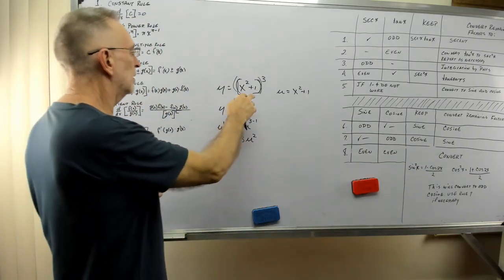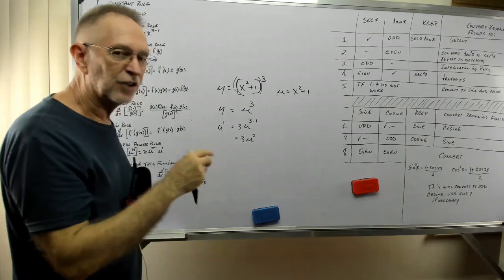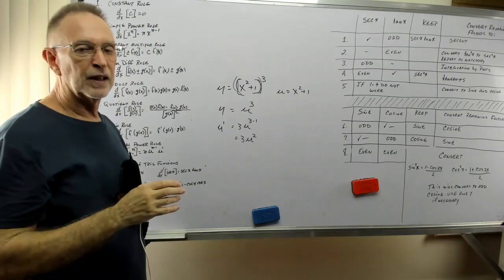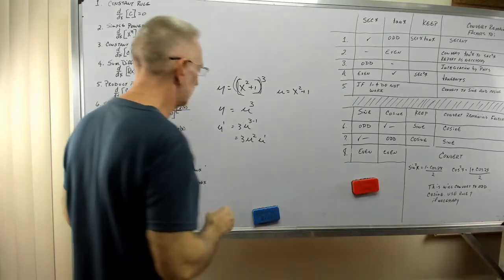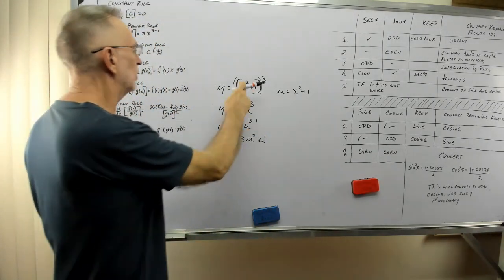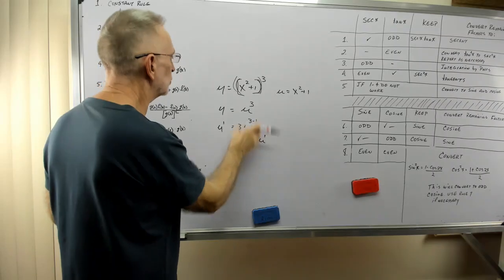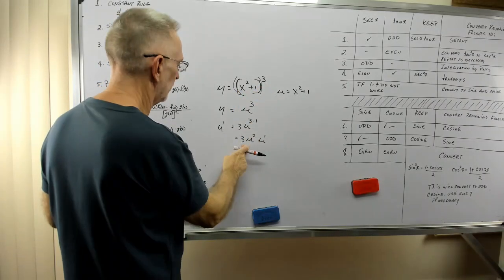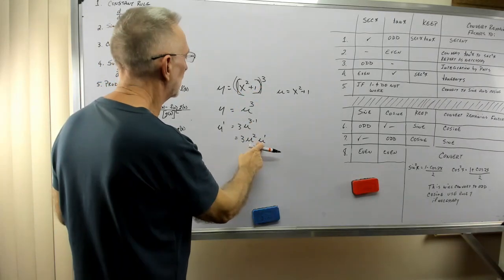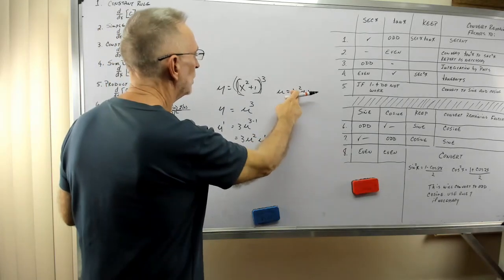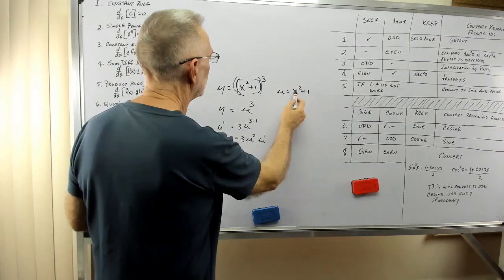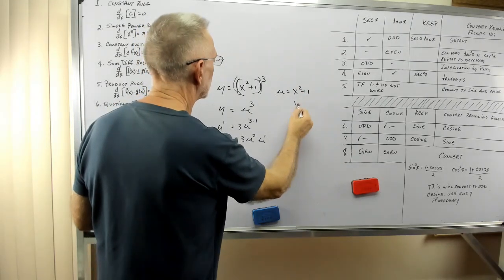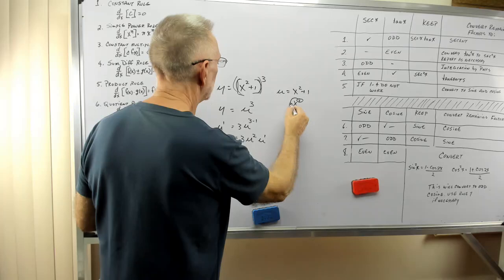But u is a function of x also. And that's why, to do this properly, I now need to take the derivative of what's on the inside. This was my outside function. Now what's on the inside? Well, the derivative of u is 2x. Bring down the 2. So it's x squared, bring down the 2.